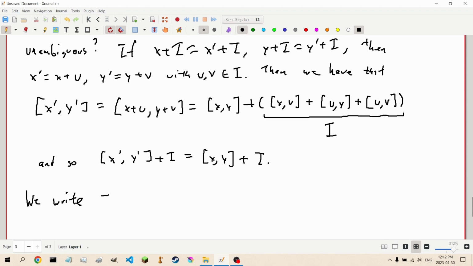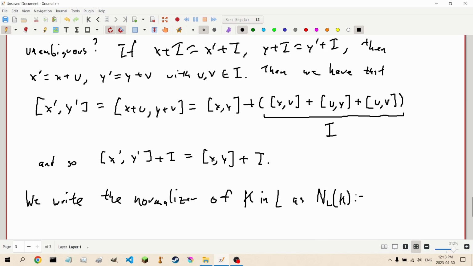We can write the normalizer of K in L as N_L(K).